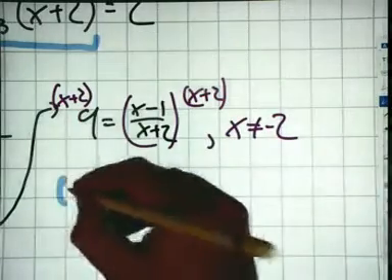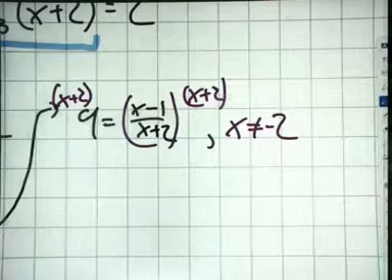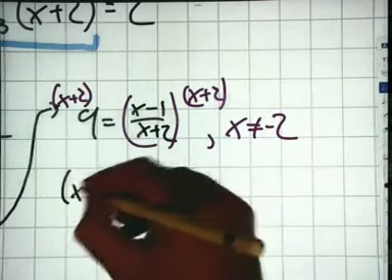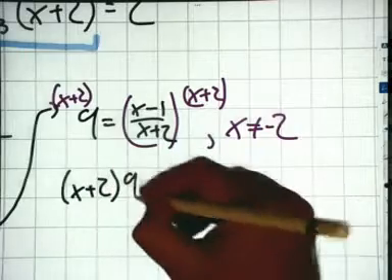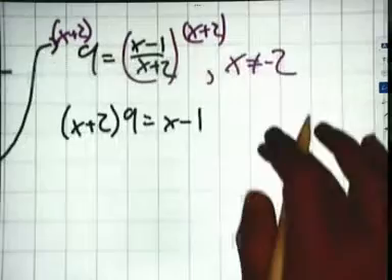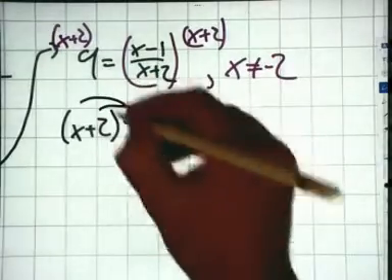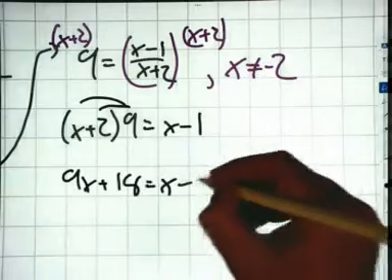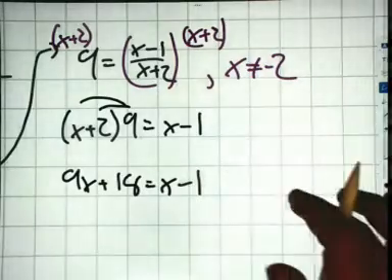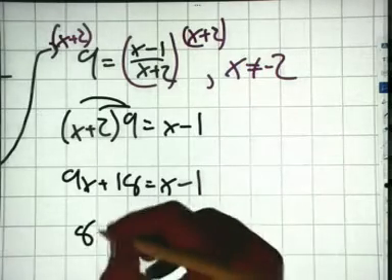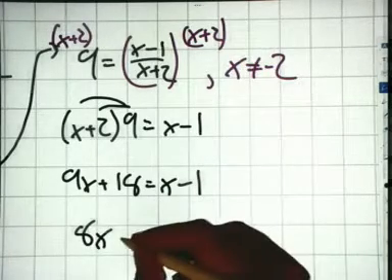So that's going to give me x plus 2 times 9 is equal to x minus 1. Looks like I need to distribute. Then I have a linear equation. So we'll subtract x, so that's going to give me 8x. We'll add 1.